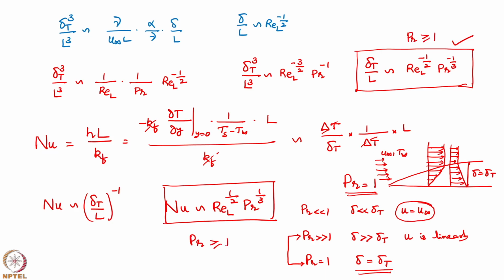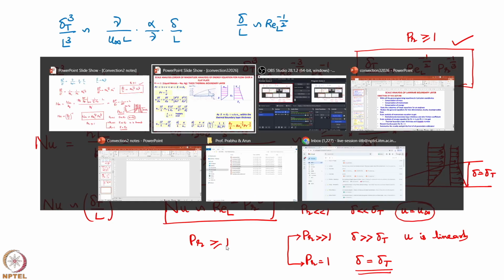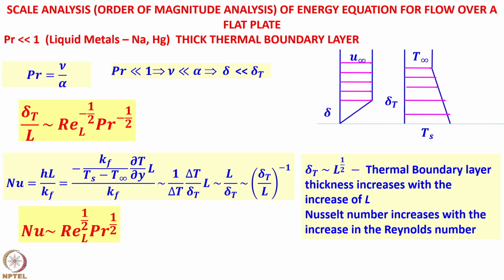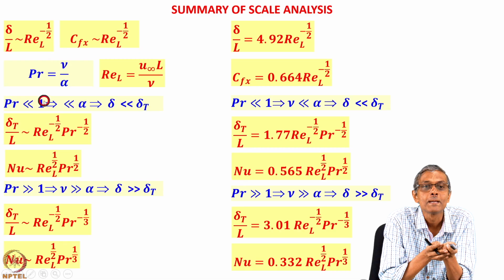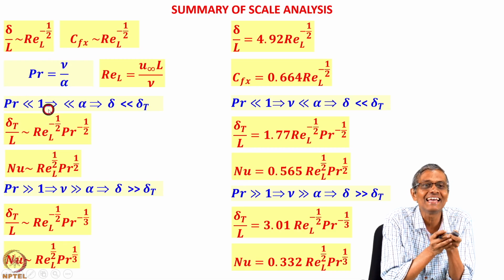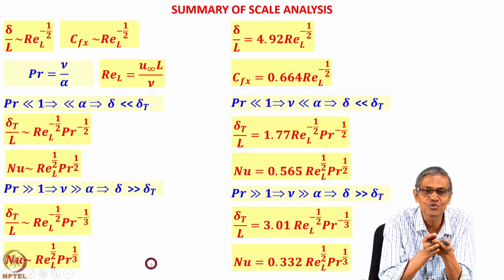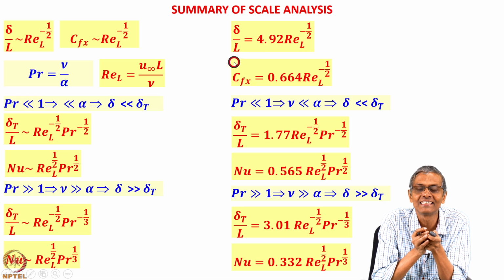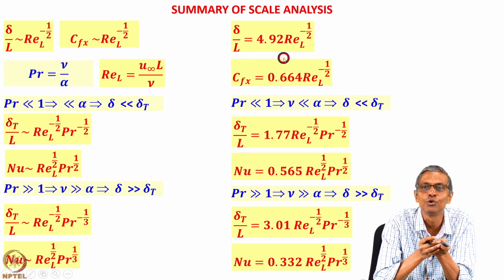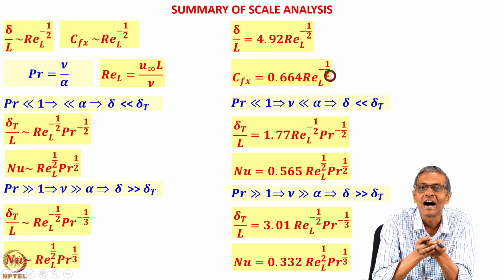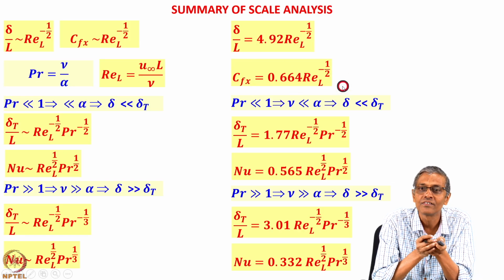So we have addressed and gotten the boundary layer thicknesses for Prandtl number less than 1, greater than 1, and Prandtl number equal to 1 as well. Now we got the scales here, but when you really solve, as I said in the last class, delta by L is 4.92 Re_L to the power of minus half, and C_fx is equal to 0.664 Re_L to the power of minus half.